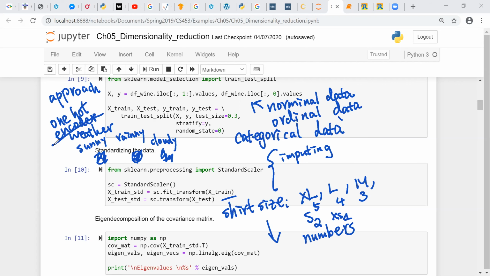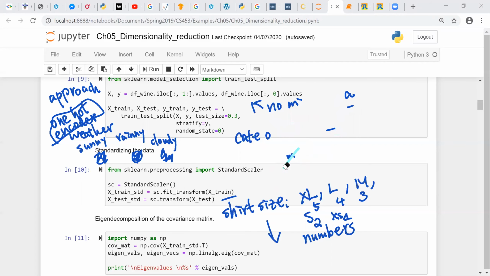Who still remembers how one hot encoder works for nominal data?